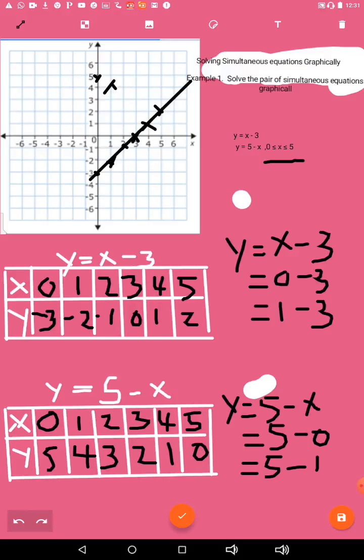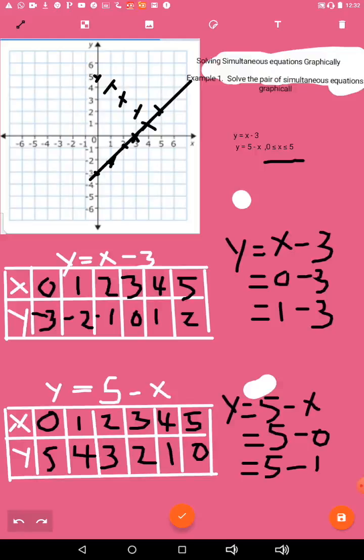Next, when x is 2, y is 3. Then when x is 3, y is 2. Alright, when x is 4, y is 1. That is already plotted from the first line.